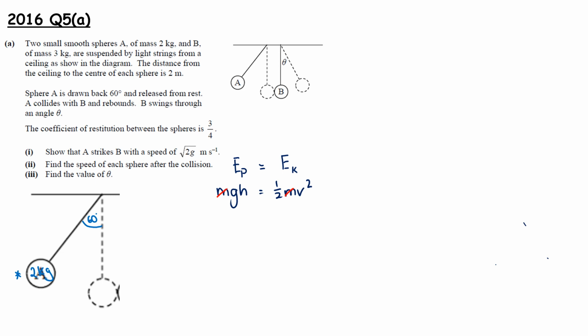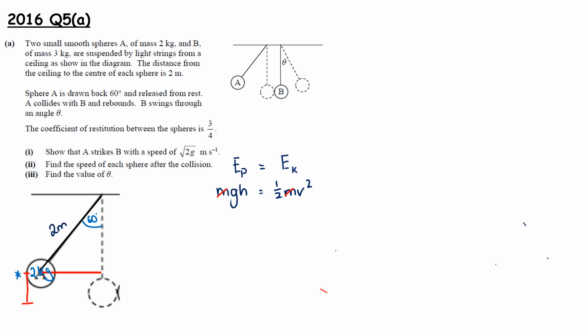And effectively we're going to need to know h, the height above the ground. So how high is this sphere above, not even the ground, its lowest point, because that is where we're going to try and understand our potential energy, that height. So I'm going to make a little triangle here, and in this triangle we know that this is 2 meters.